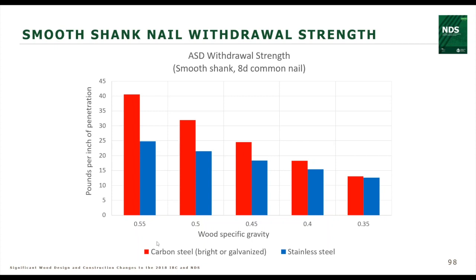But when you get up here into 0.55, so that's like a southern yellow pine wood specific gravity, there's a substantial difference, 15 pounds per inch or more in the withdrawal capacity. So there's been a demonstrated need to reflect that the stainless steel fasteners do have a lower withdrawal capacity than the carbon steel.